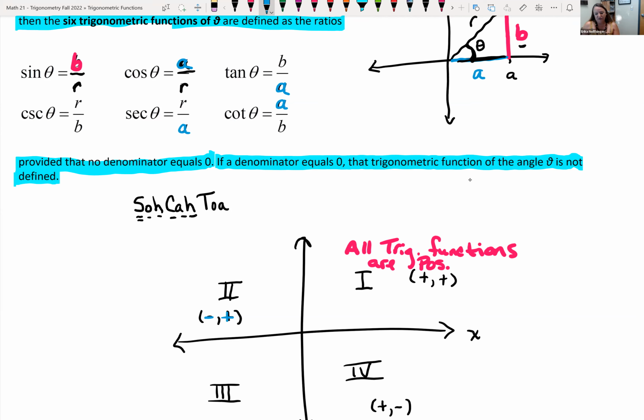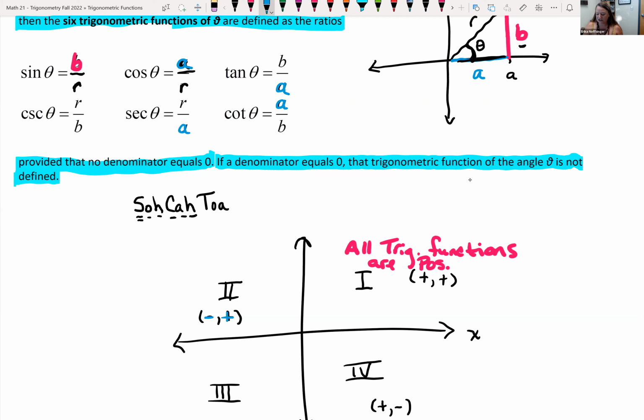And so we have a negative number over either R, which is positive, or over B, which is also positive because that's our Y value. And so a negative divided by a positive, or a positive divided by a negative, is negative.